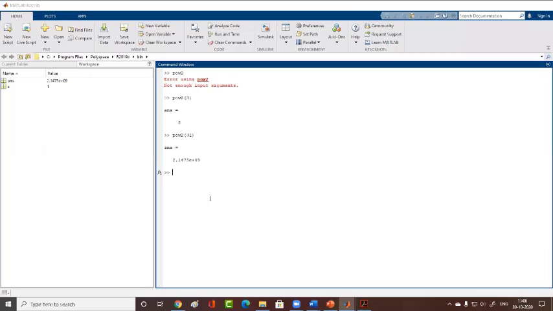Now coming to trigonometric functions. Sine of 2 is 0.9093, nothing but 2 in radians. Okay.